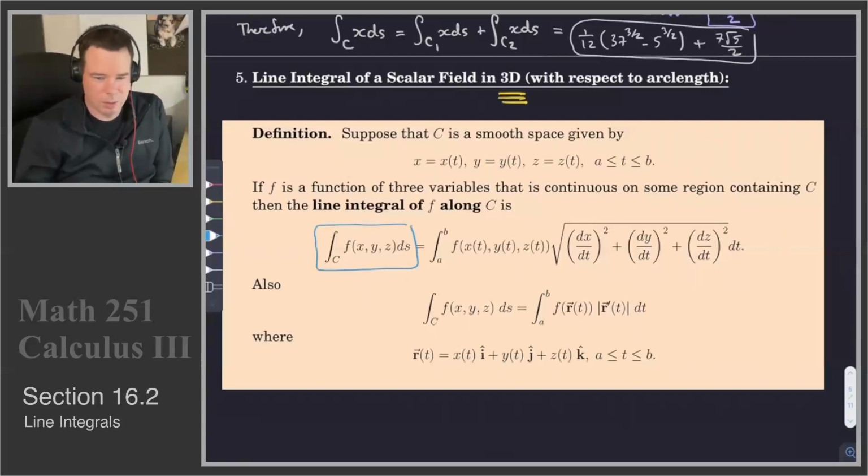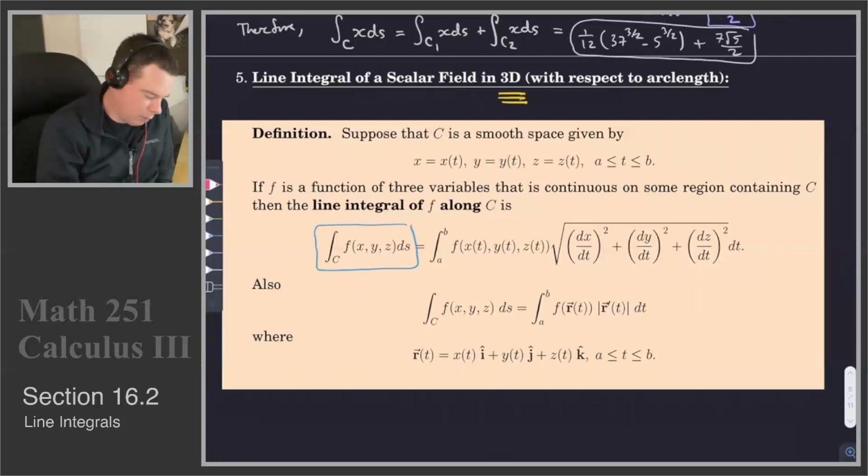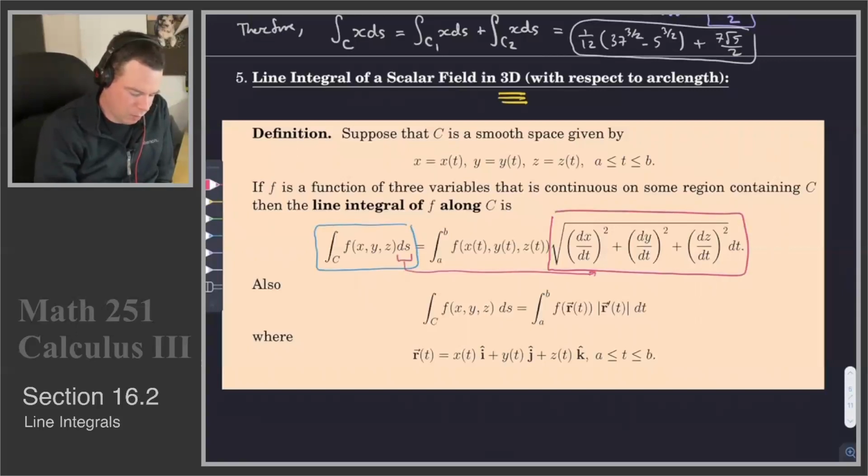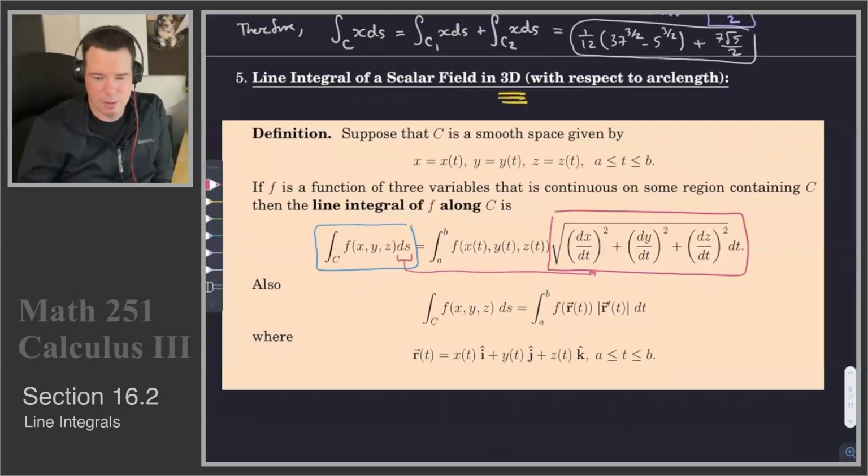And ds, just like it did before, the ds part, the arc length differential, unpacks to the magnitude of r prime of t dt. And so that's just written down in the next line, a nice sort of more compact form of this integral.